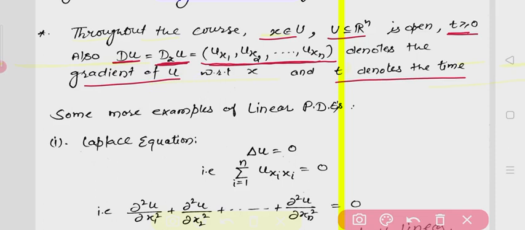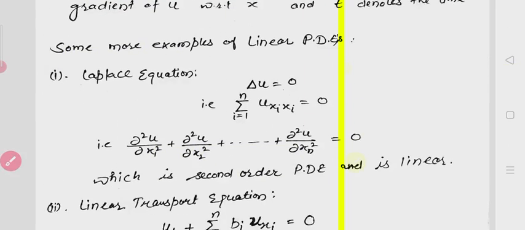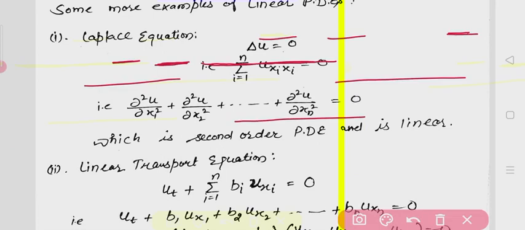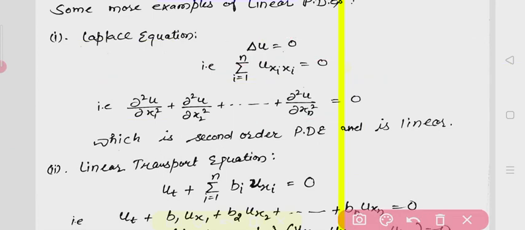ओके, लेट अस से टेक सम मोर एग्जांपल्स ऑफ द लीनियर PDE. इफ वी से फर्स्ट वन इज द लाप्लास इक्वेशन. Laplace equation, you know that delta of u is equal to 0. What does it mean? It means that summation i equal to 1 to n u xixi equal to 0. What does it mean? That means partial order derivative of order 2 with respect to x1, with respect to x2, with respect to xn and their summation, right.